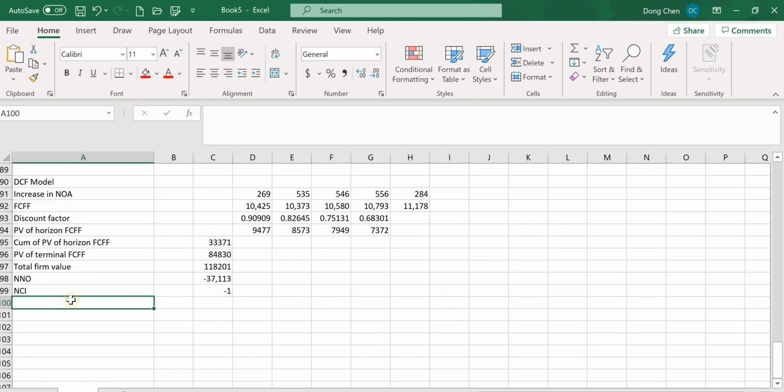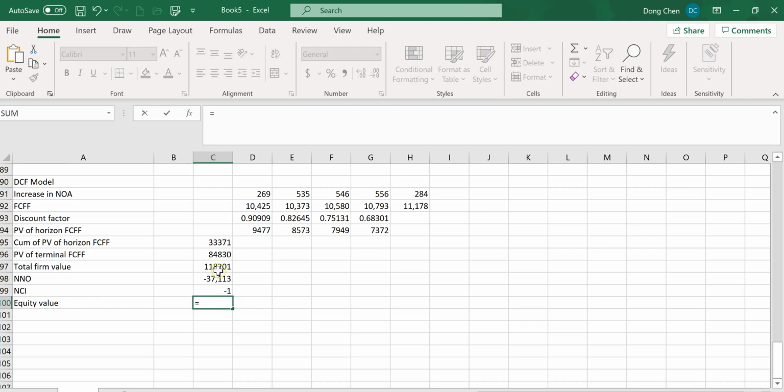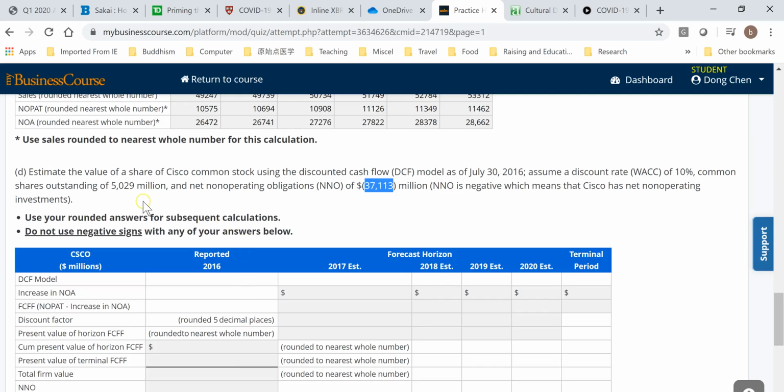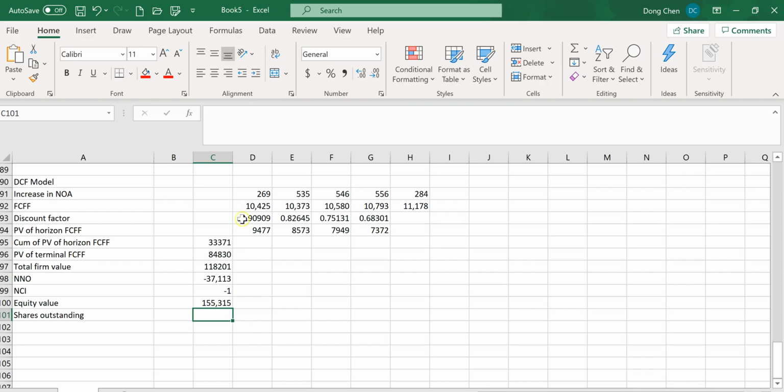So then equity value is simply the total firm value minus NNO and then minus the NCI. Shares outstanding, that's given by this, 5029.